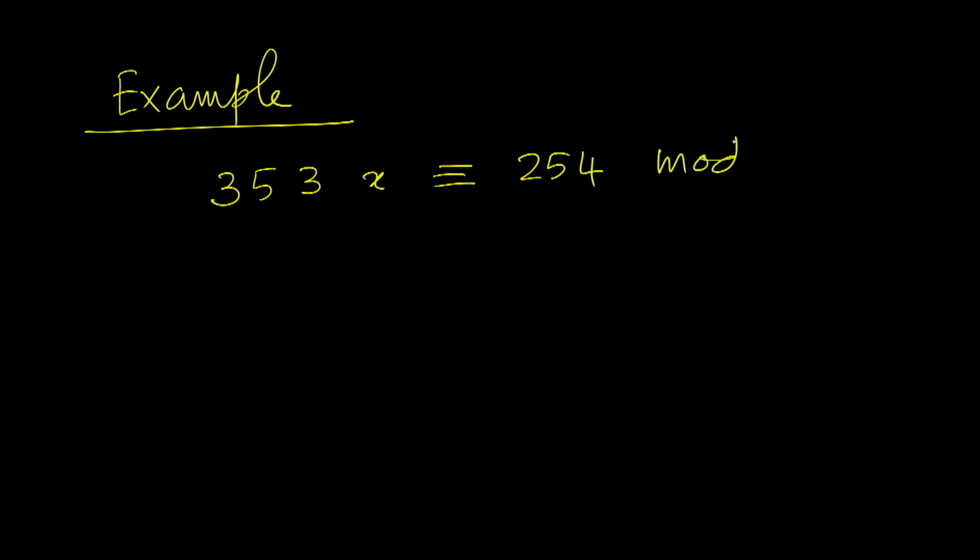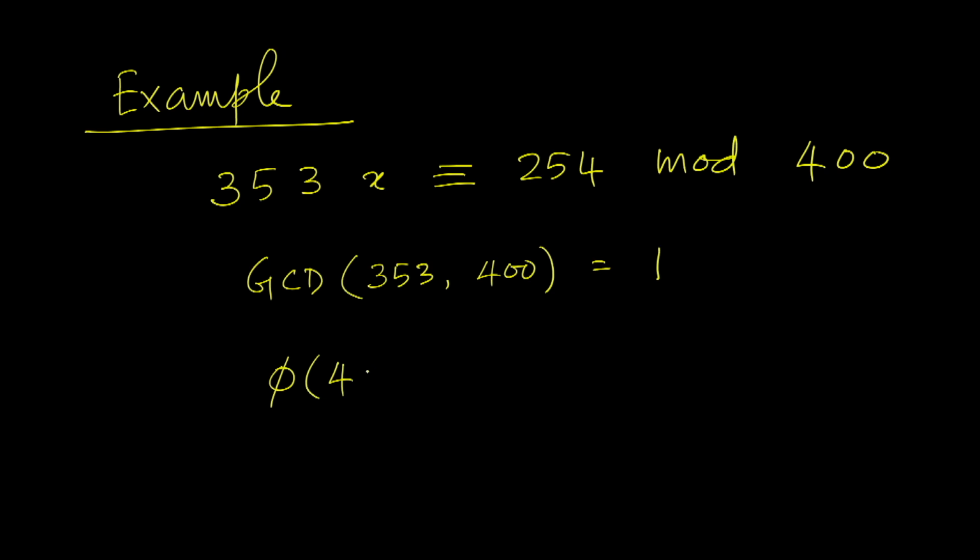So, let us consider an example. Let us say this is what we want to solve: 353x is 254 mod 400. 353 is a prime, so GCD of 353 and 400 is 1, and we also know that phi of 400 is 160.